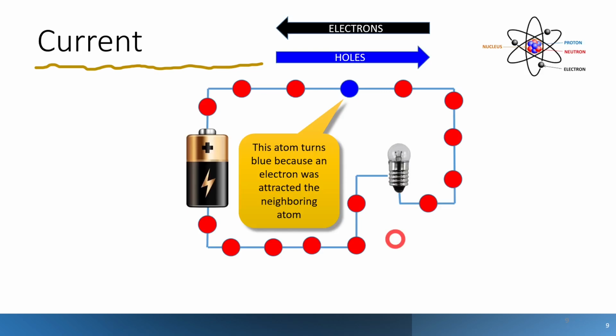Are you trying to describe the atom, the holes, the ones that are positive, which direction they are moving, or are you trying to describe the electrons in which way that they are moving? And this is a debate that goes all the way back to the beginning of electricity.